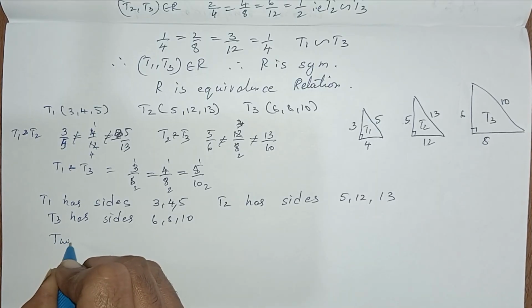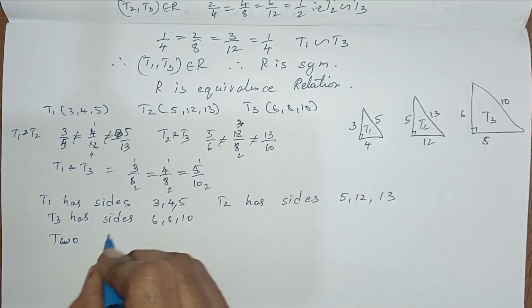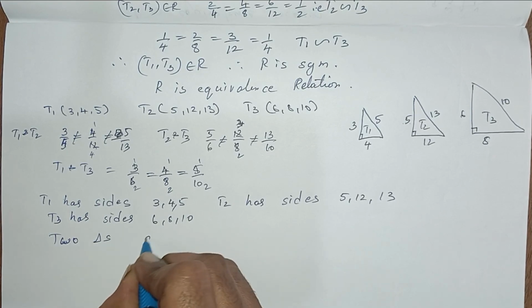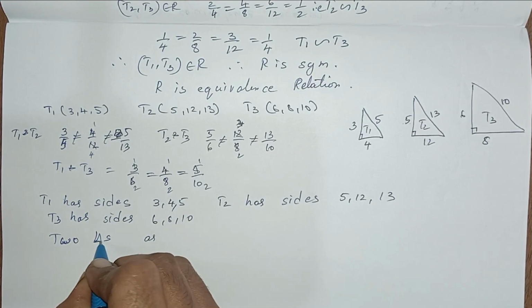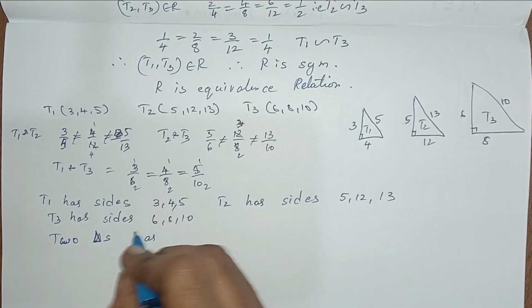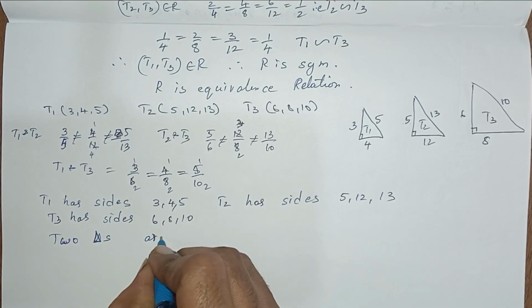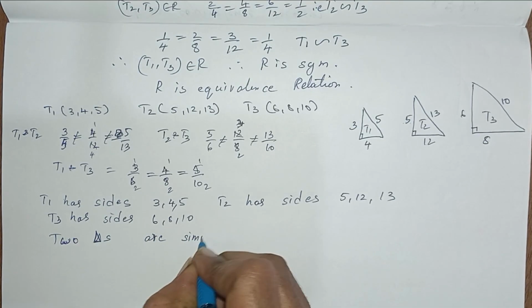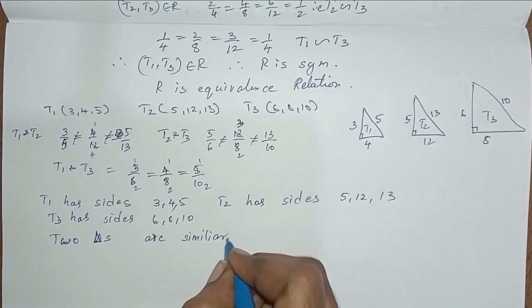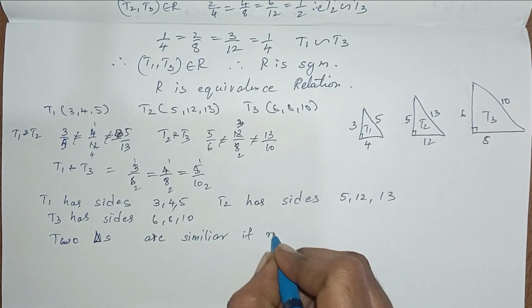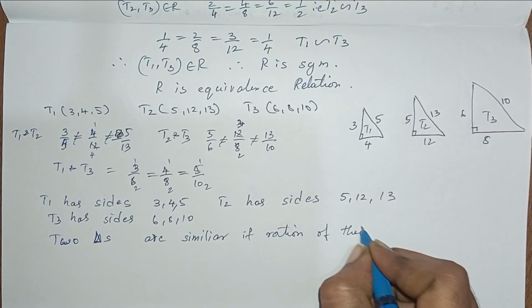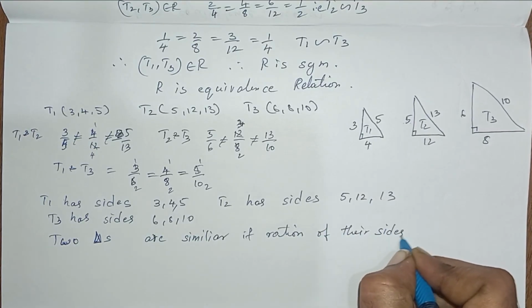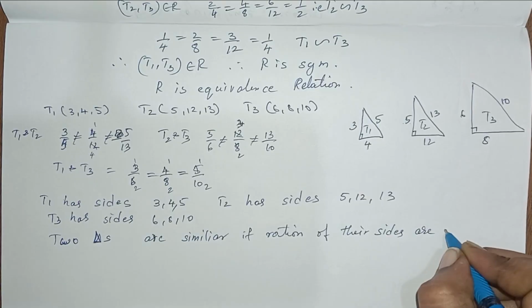Two right angle triangles are similar if the ratio of their sides are equal.